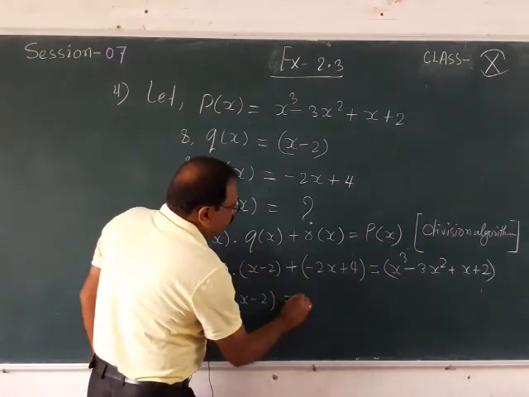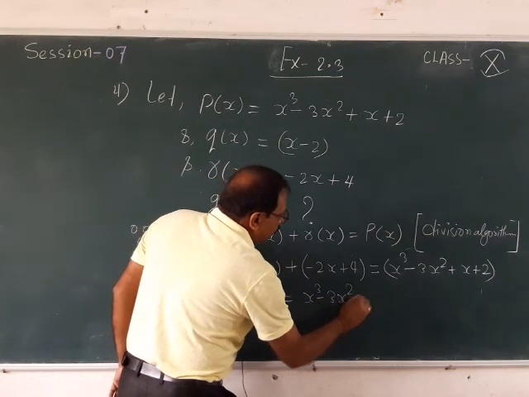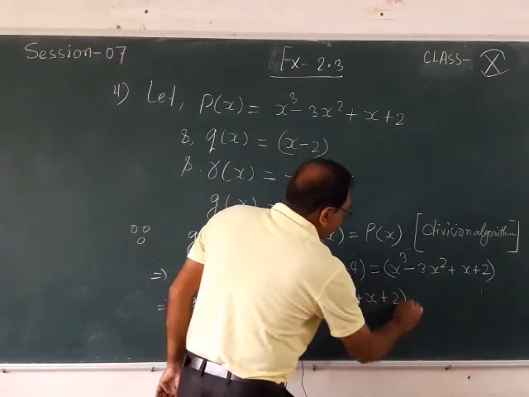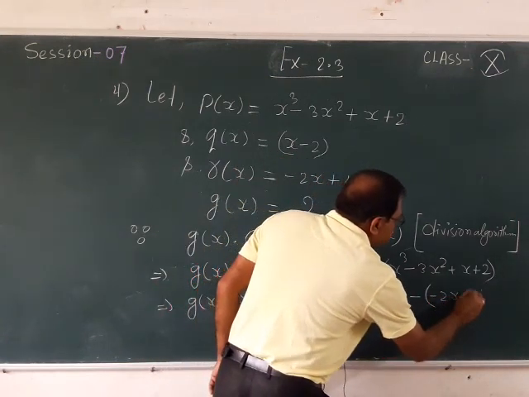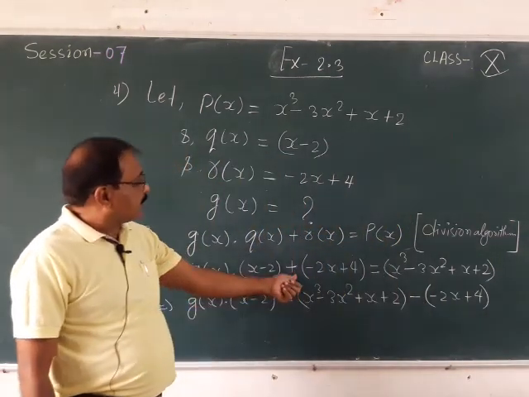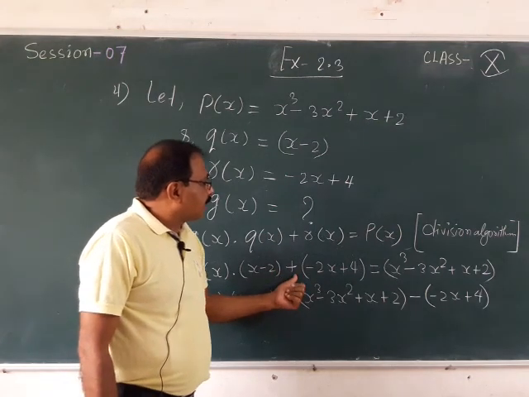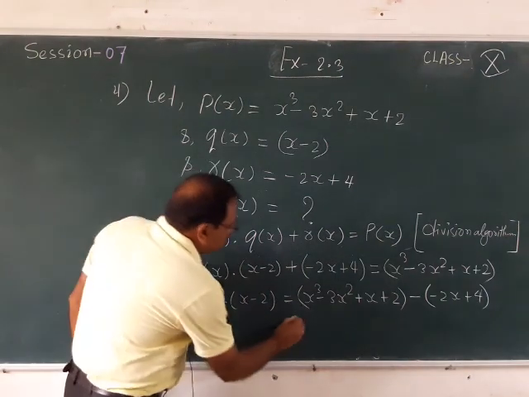So it will be written as x cube minus 3x square plus x plus 2, and then minus minus 2x plus 4. How it was there, with a plus sign, and if I change the side, it is written at the left side, I am taking it to the right side. So what is coming?